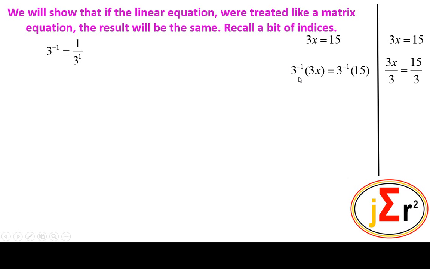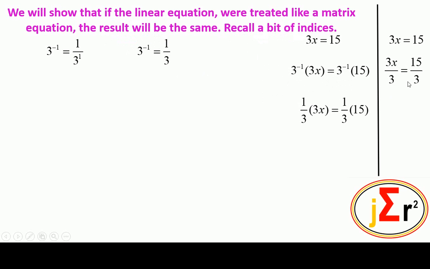And it turns out to be equal to the reciprocal of 3, because 3 to the negative 1 is 1 over 3 to the power of 1, and 3 to the power of 1 is 3. Therefore, 3 to the power of negative 1 is just 1/3. We will therefore replace these with 1/3.